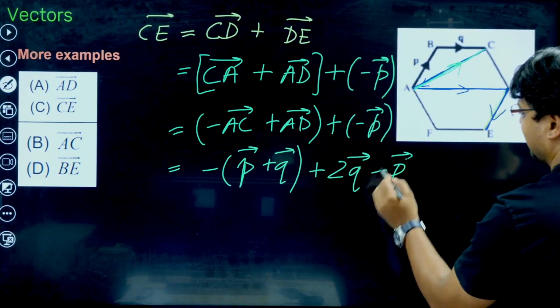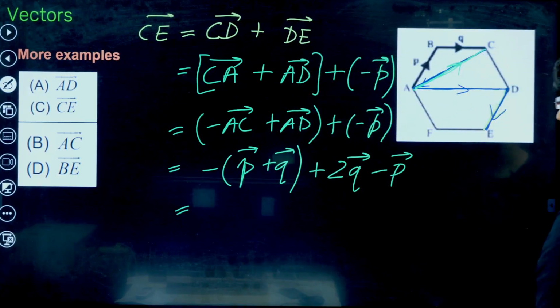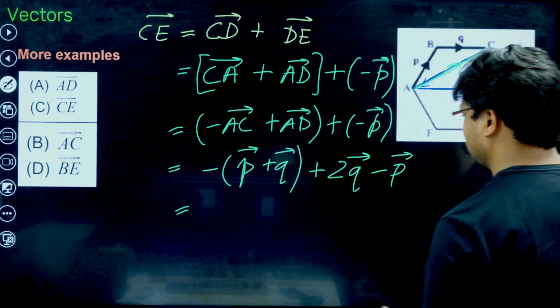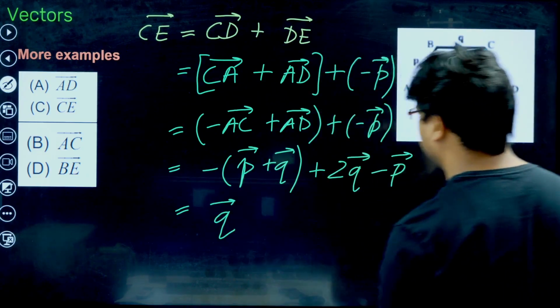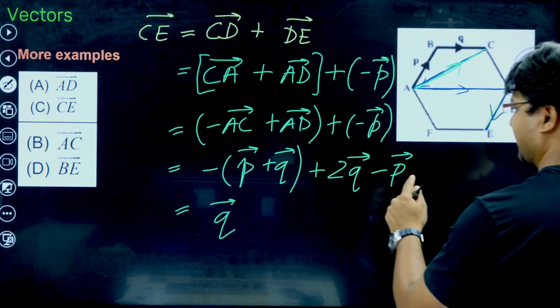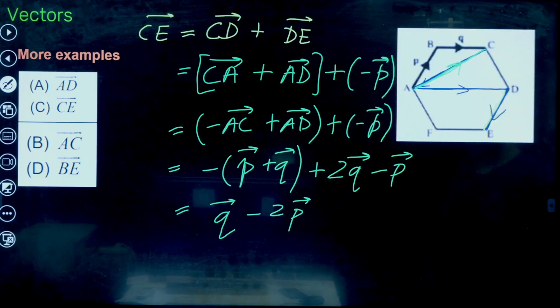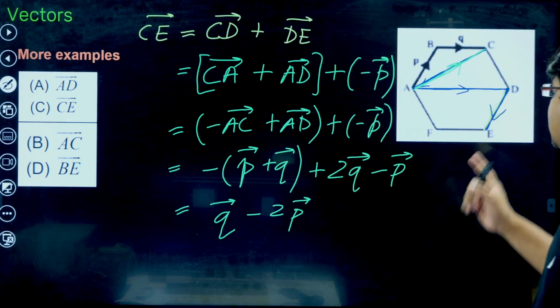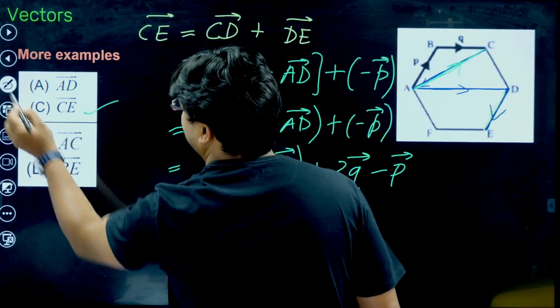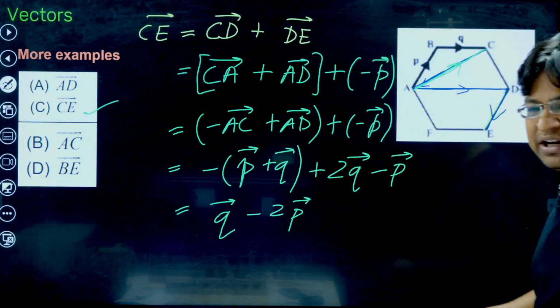So if you check it, how much is it? 2q minus q is q vector, and then we have minus 2p. q minus 2p, so that would give us CE vector.